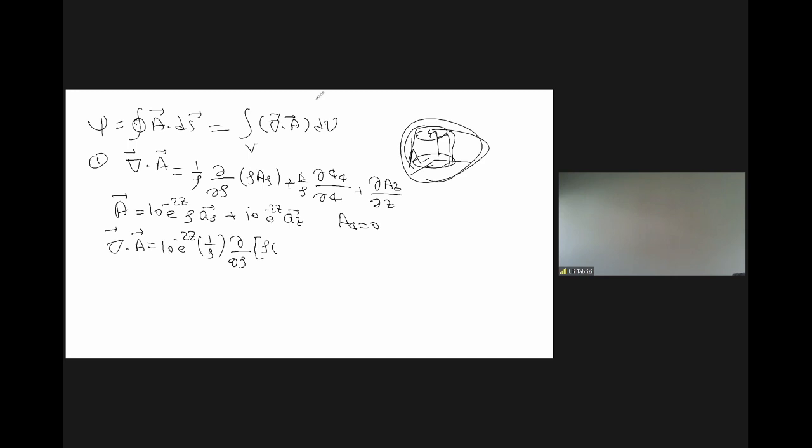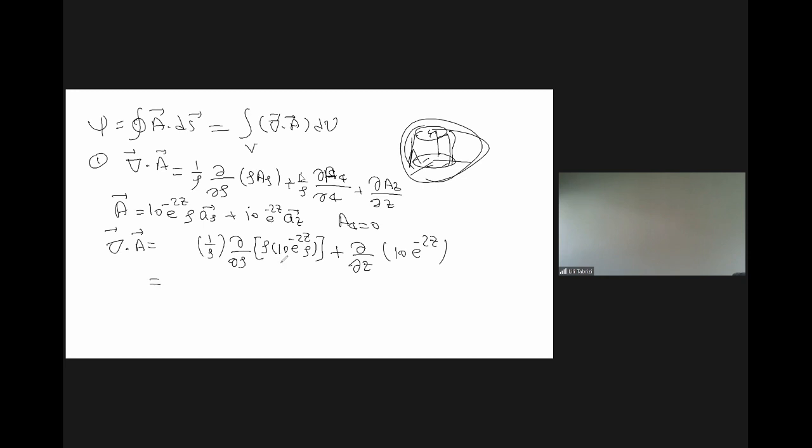I just want, maybe some of you get confused, so let's do it this way. What is divergence? 1 over rho d rho of rho times A rho. What is A rho? 10 e to the minus 2z rho. Okay? dA phi d phi, A phi is 0, this is 0, plus d dz of Az. Az is 10 e to the minus 2z. Don't put the vector component, just the component, the A component.